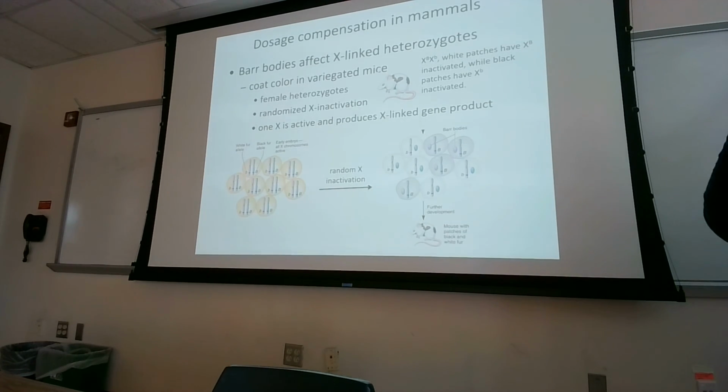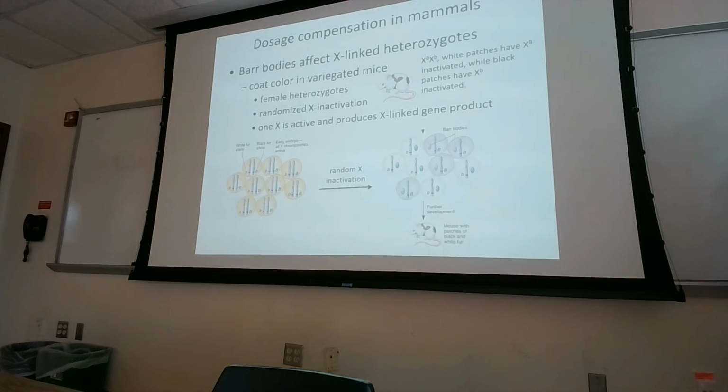If you have a cat that has black and orange patches on it, that means it has either the black allele inactivated or the orange allele inactivated. You can rarely find a male calico cat, but that means he has to have 2 X chromosomes.